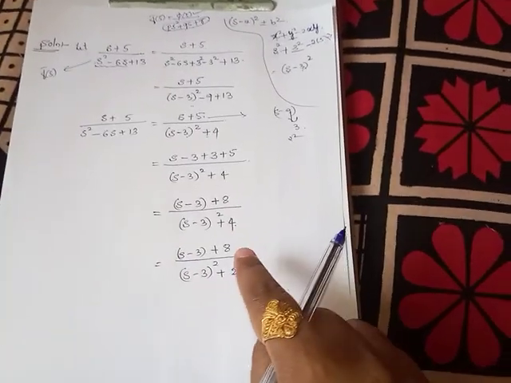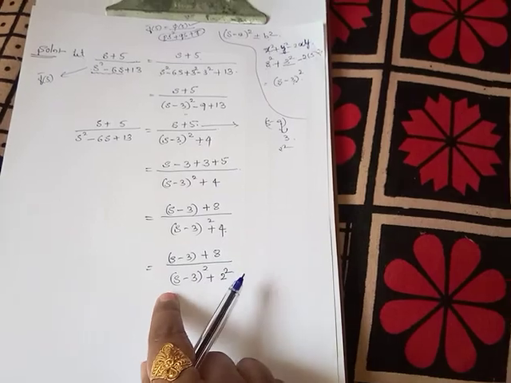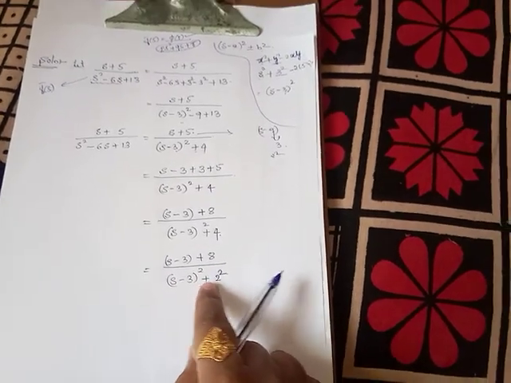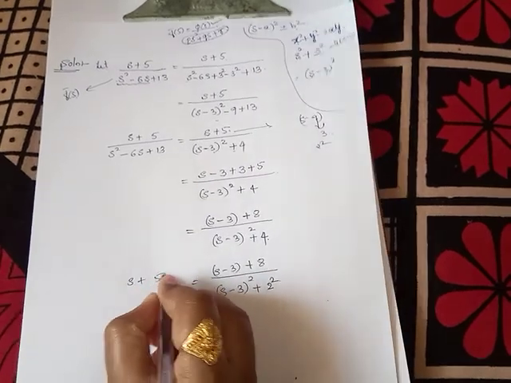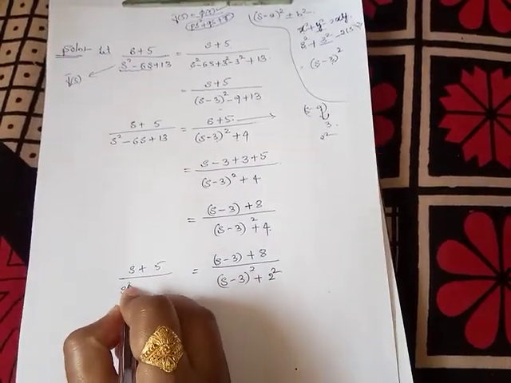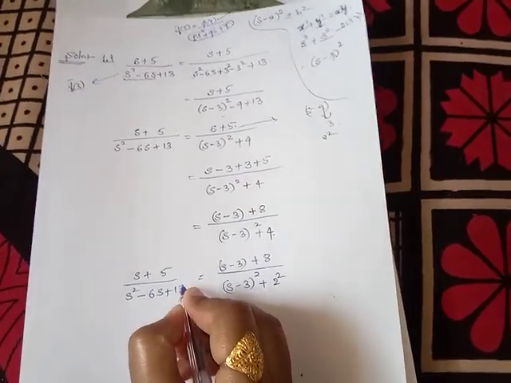Then the first step is over: s minus 3 plus a divided by s minus 3 whole square plus b square. This is s plus 5 divided by s square minus 6s plus 13.